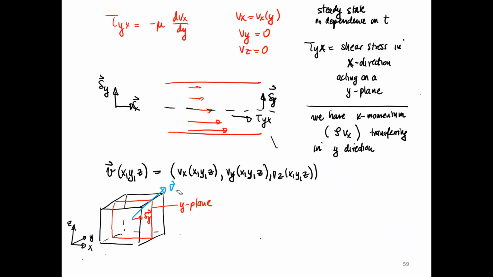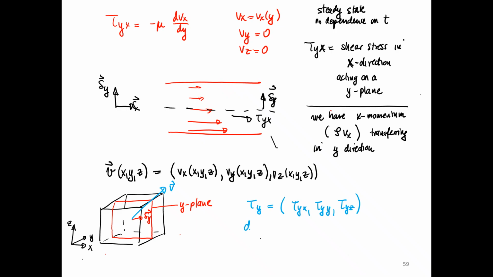So I have my rho Vx, rho Vy, and rho Vz to transfer across this plane. Basically what I'm going to use is tau y, which has tau yx, tau yy, and tau yz to describe all coordinate momentum transfers across y plane.